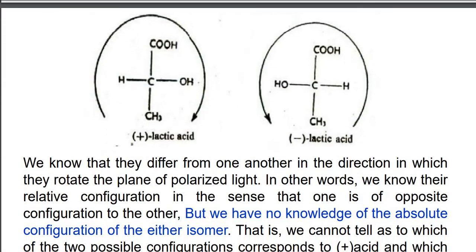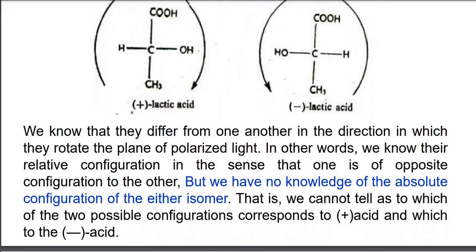So this is the structure of lactic acid, and this is clockwise, that is why it is positive, and this is negative lactic acid, anticlockwise direction. We know that they differ from one another in the direction in which they rotate plane polarized light. In other words, we know their relative configuration in the sense that one is the opposite configuration to the other, but we have no knowledge of the absolute configuration of either isomer.